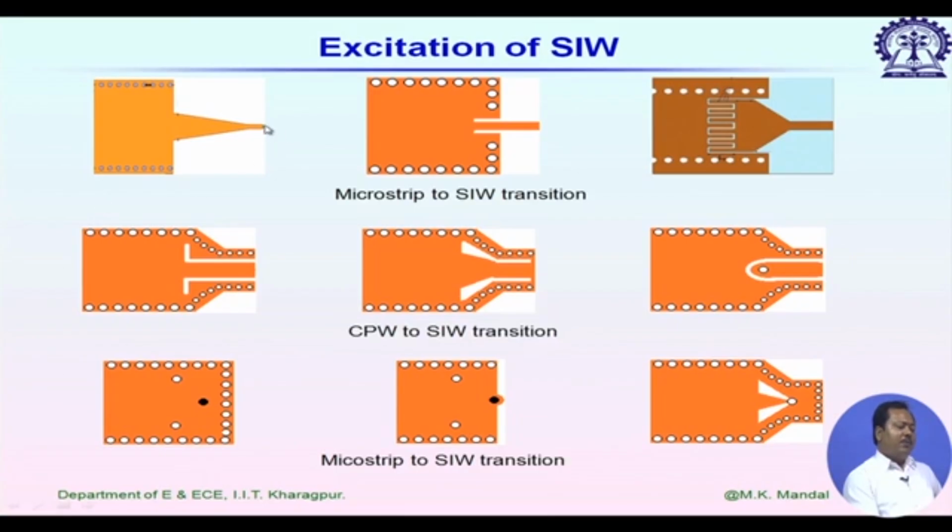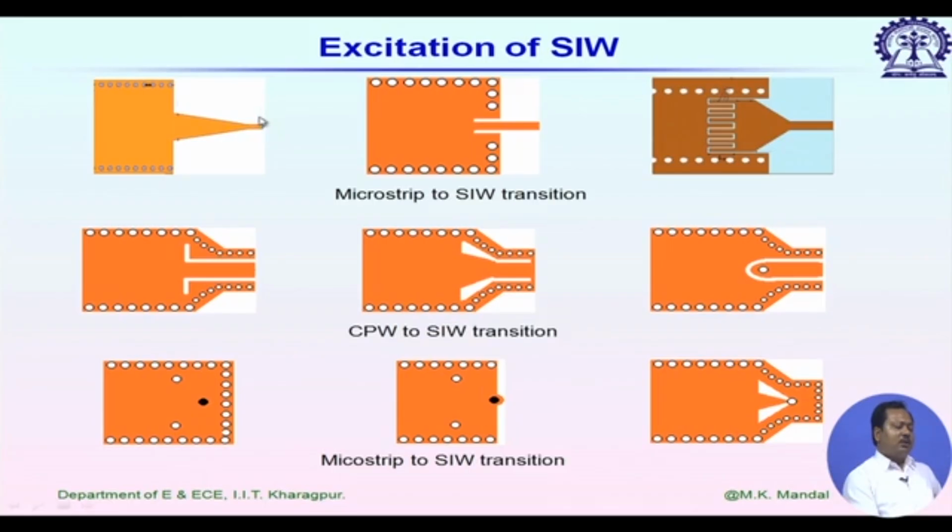One point, we have to convert the mode, and the second point is impedance matching. For example, for this first design, you can identify on the left side we have one substrate integrated waveguide structure which supports TE10 mode, and right side we have 50 ohm microstrip line.